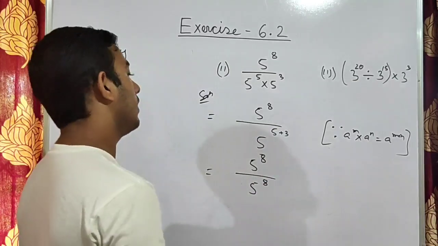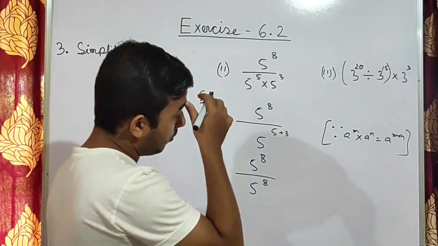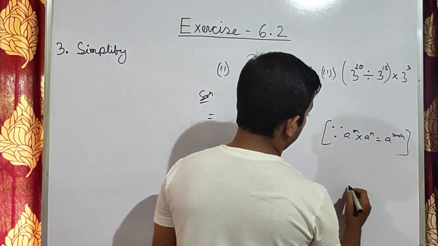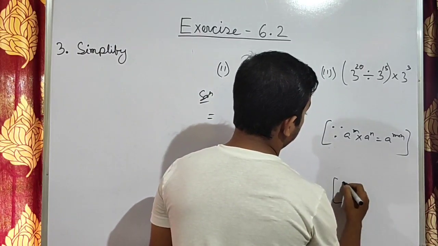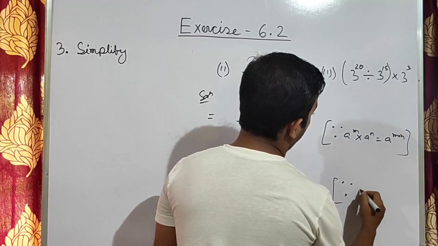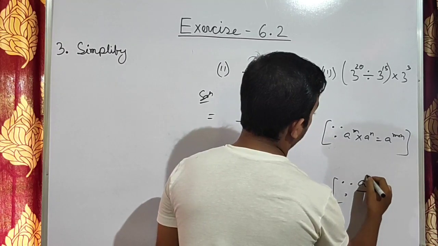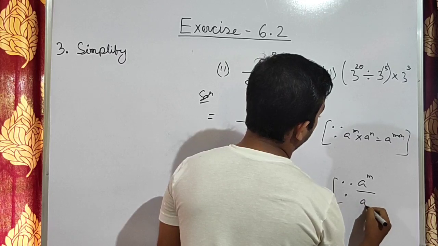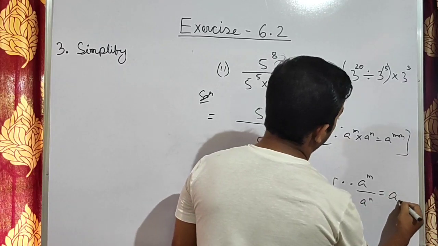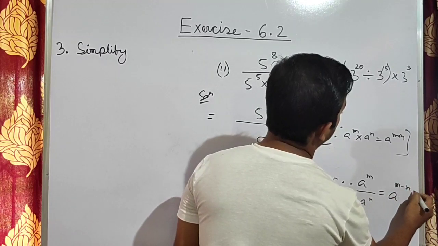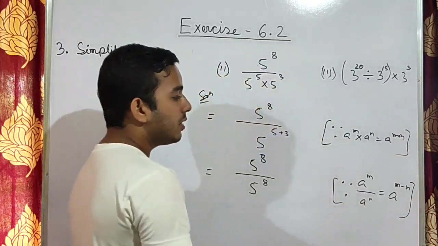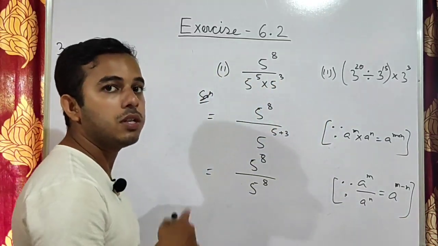Clear? Okay. Now we have another formula, isn't it? This one, since a to the power m divided by a to the power n equals a to the power m minus n. We know this one also, right? These are the rules which I have discussed in our first class.